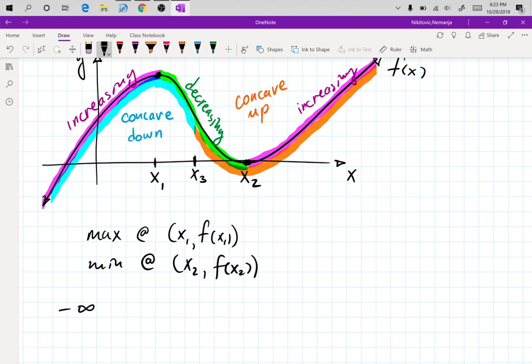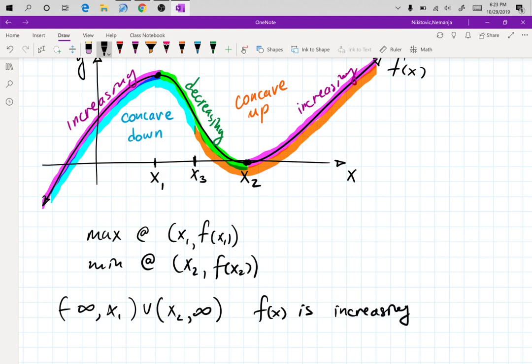So what am I going to say over here? From negative infinity to x1 union x2 to positive infinity, f of x is increasing. Why is it increasing? Because as you walk on the line and move to the right, you are going uphill.